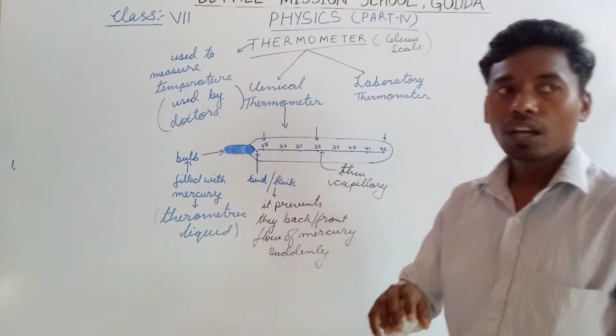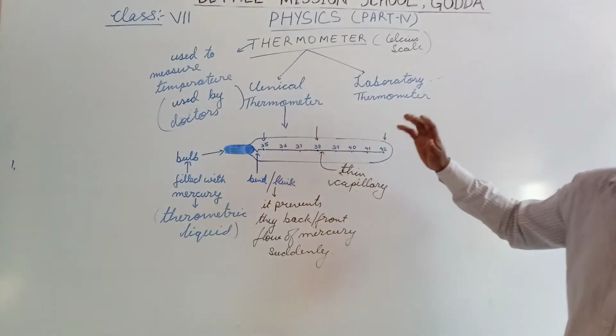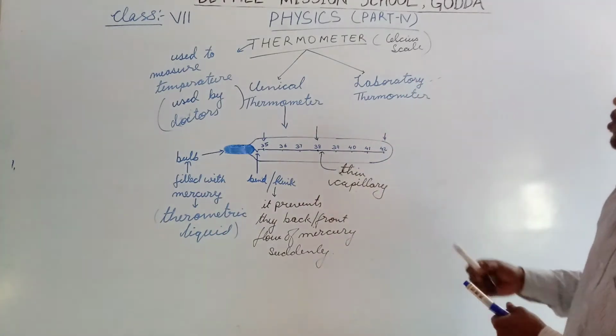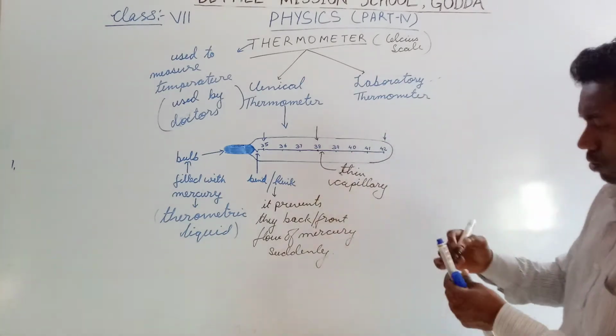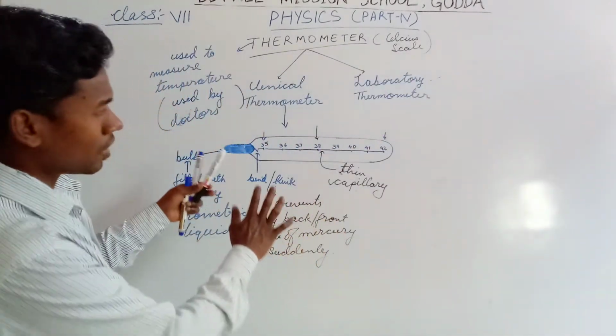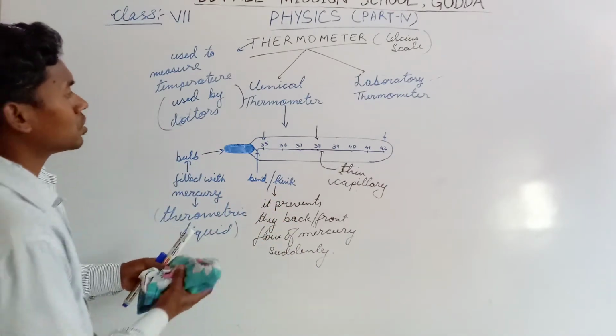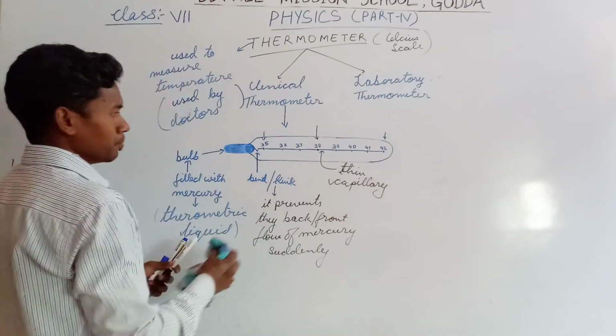Okay. So now we go to the laboratory thermometer. It is the same as this. I will do a bit of modification here. So I am going to put some modifications in the same diagram.